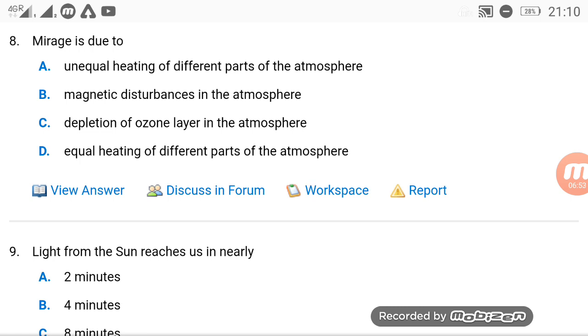But what happens in the case of a mirage? This is basically because of refraction. Due to the difference in the temperature of the layers of air above the earth, the air becomes lighter, so the mediums change, lighter and denser, and because of that refraction happens, and in between, refraction and total internal reflection happen.